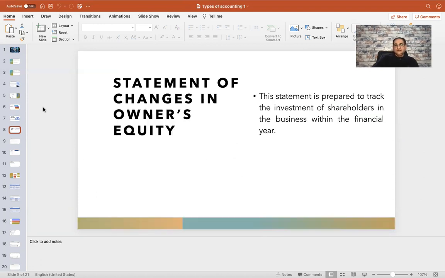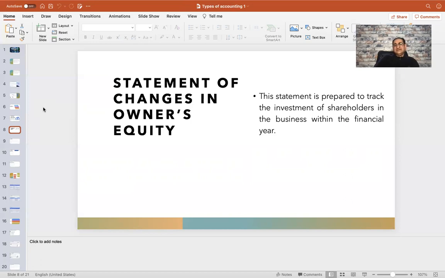The next one is the statement of changes in owner equity. So this statement is prepared to track the investment of the shareholder in the business. As we said, equity is the investment. So with the help of this financial statement, we can find out how much funds are invested by the owner, and we can track the funds of the owners.